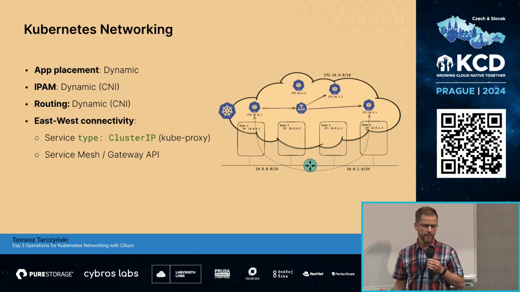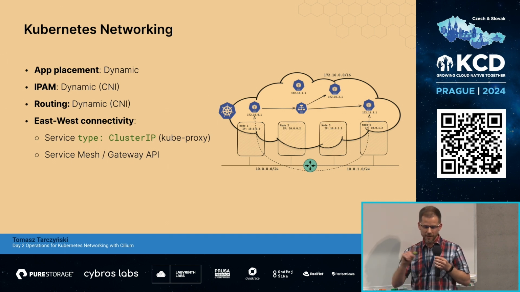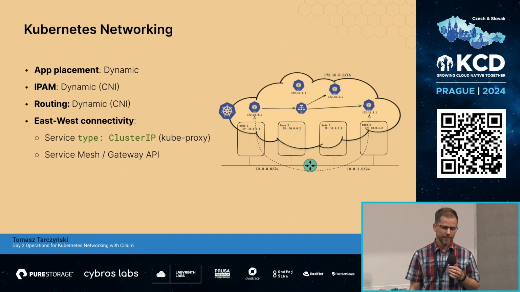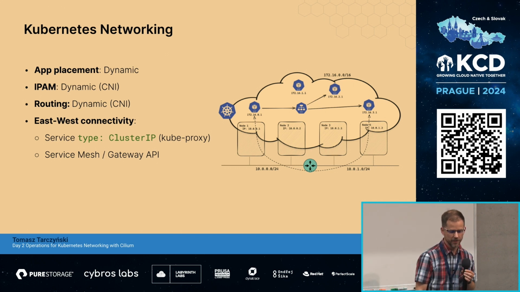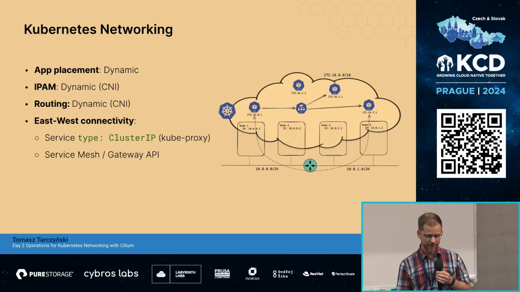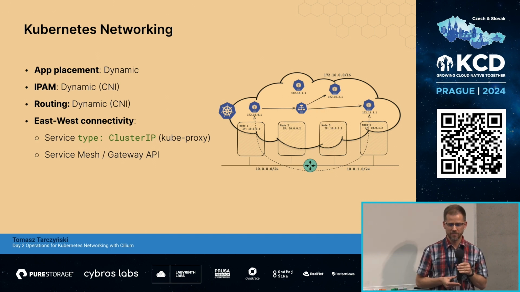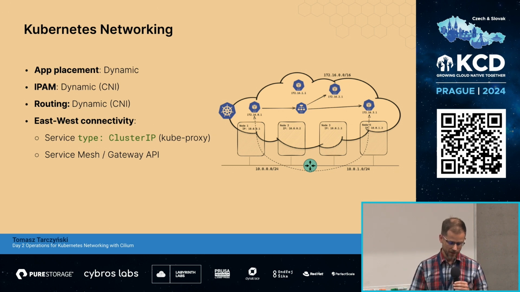And then the topics I mentioned before still apply here. Applications are connecting between each other. For east-west connectivity, we typically use services. That's the Kubernetes abstraction for connecting applications. But we might also go a little bit more advanced, do stuff like service mesh or Gateway API, also for that.